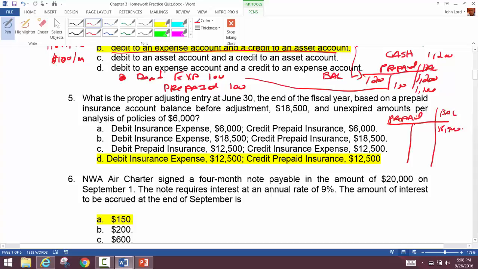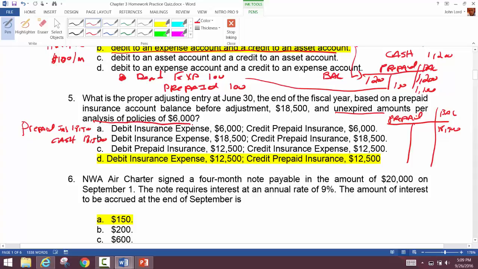So I guess at some point, maybe at the beginning of this month, they must have debited the prepaid insurance for not 1,800, but what, 18,500? And credited cash, right? When they set that thing up, they debited the prepaid 18,500 and credited cash, right? And then they went and counted, and the unexpired amounts were 6,000.